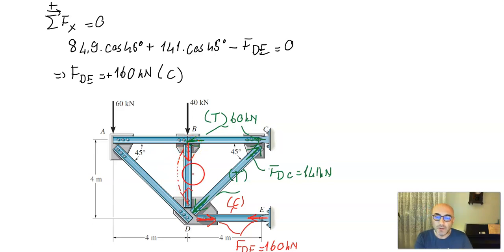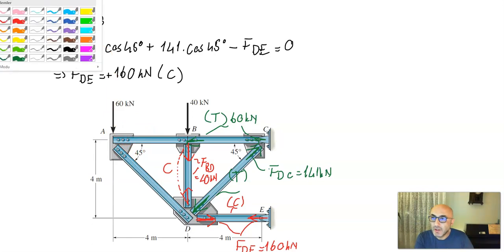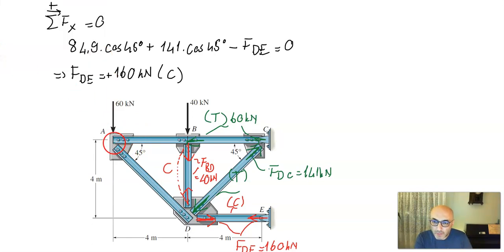FBD is equal to 40 kilonewton. And my FAB is 60, and it's in tension. FAB, so this one is under tension, and FAB is equal to 60 kilonewton.